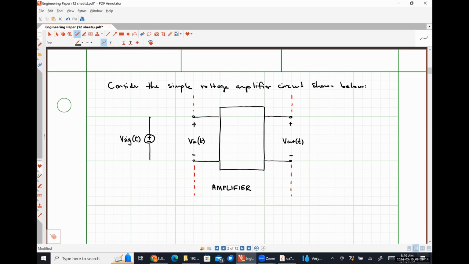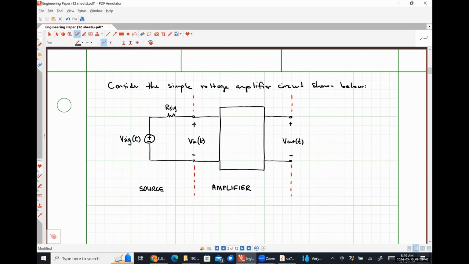And our source may have some internal resistance that we need to take into account. So effectively, I'm just representing my input signal source as a practical source. Everything to the left of the first dashed line is what we're going to consider to be our source side of things.